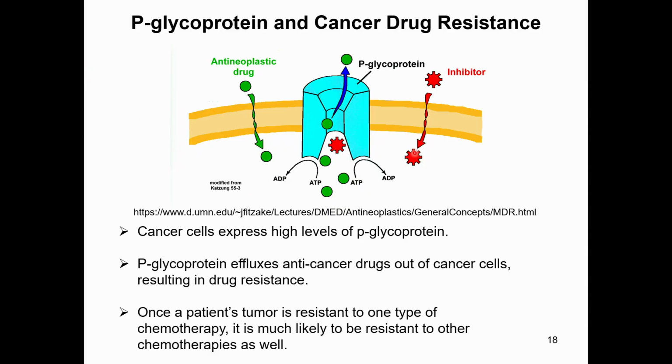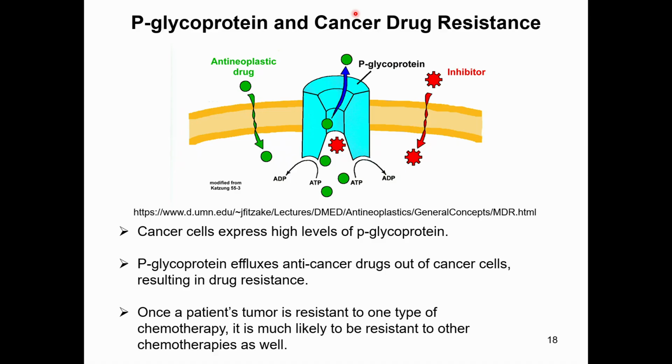One of the problems too is that they're called multi-drug resistant because these transporters, they're kind of a generalist. They will transport all sorts of drugs out. So once a cancer is resistant to one chemotherapeutic agent, sometimes it's resistant to a whole bunch of them because this transporter will accept any drug and just move it back out of the cell.